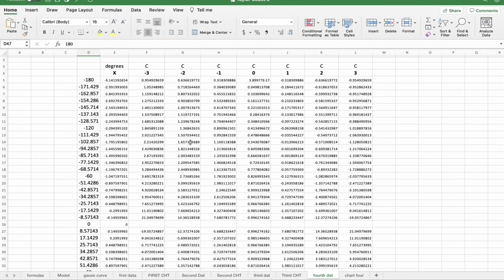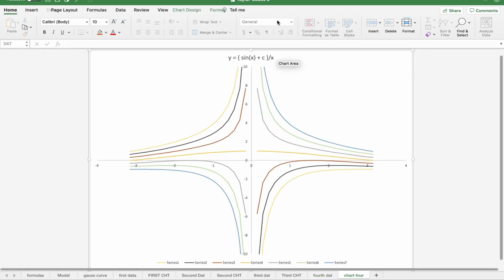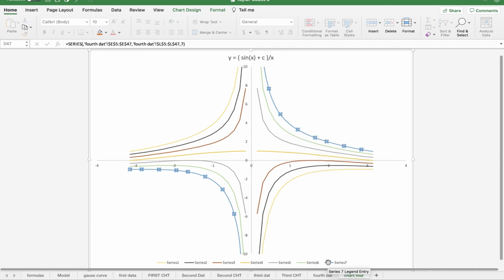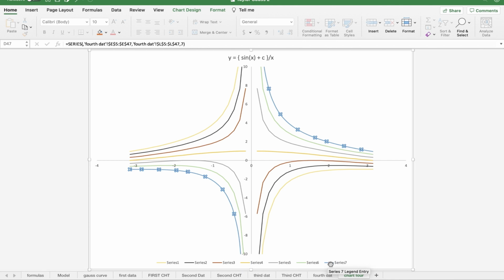8.57 degrees divisions. And then I plotted this function where the argument x is really an angular argument, and I used an integer for c and got the different curves. So that is for 3.